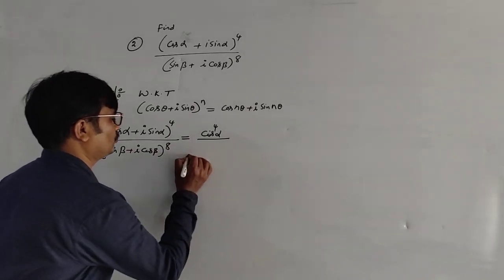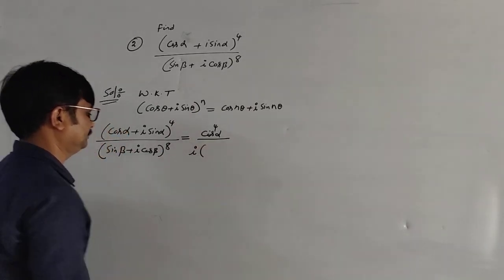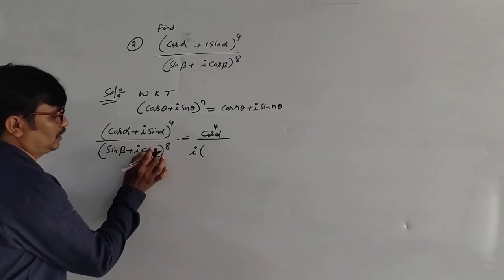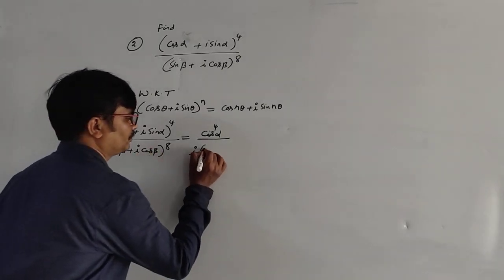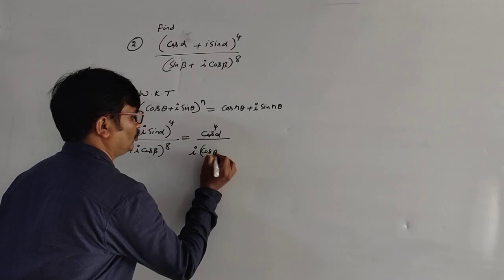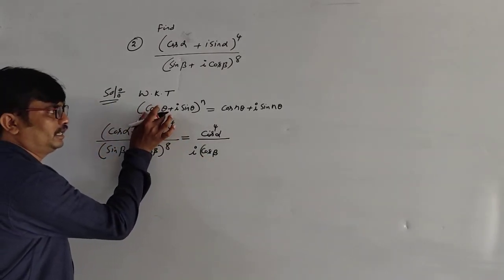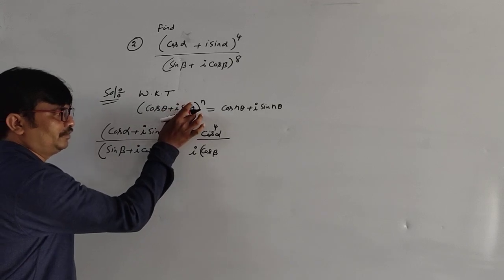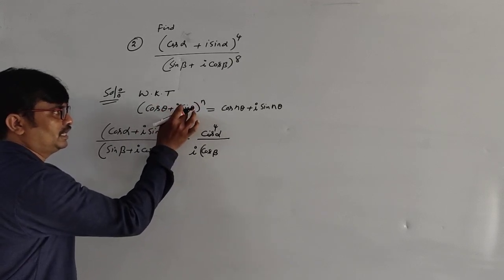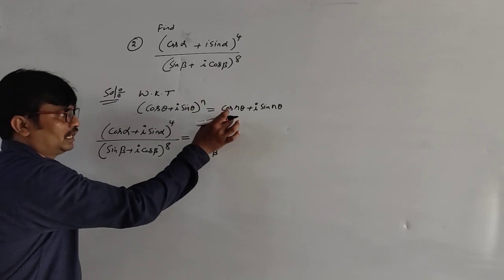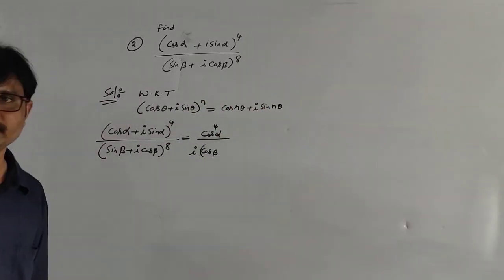So students, first we take the common I. Since cos is always the real part, we have to know the formula of De Moivre's theorem: if cos is real, sin is imaginary, then cos theta plus I sin theta whole power n is cos n theta plus I sin n theta.